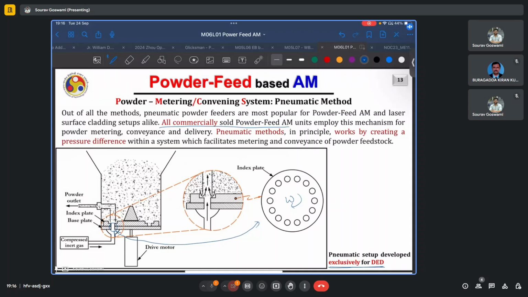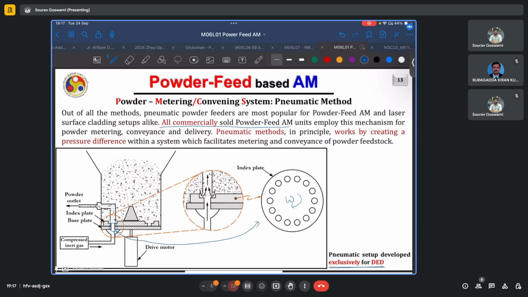If the angular velocity omega is increased, the instances of overlap of the base plate hole with the index plate hole will be higher, and so more powder will be expelled. If the index plate angular velocity is low, then a low volume of powder will be transported.